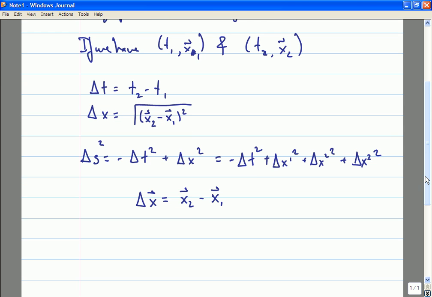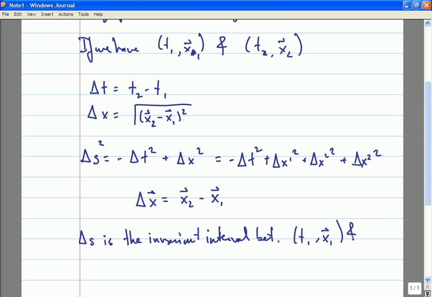So this delta s is known as the invariant interval between the 2 points t1, x1 and t2, x2. And my claim is that all of special relativity simply boils down to a particular statement involving the invariant interval between 2 points.